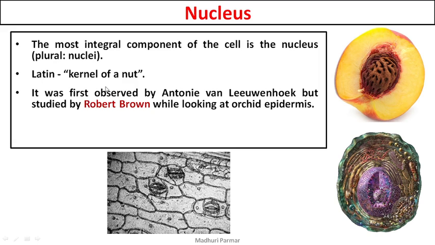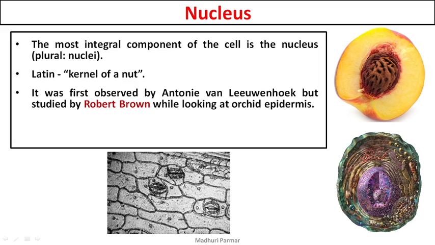There was another scientist called Robert Brown. He was looking at orchid epidermis. Orchids are a type of flower, and epidermis is the outermost layer of any plant. This is how it would look, what he saw.